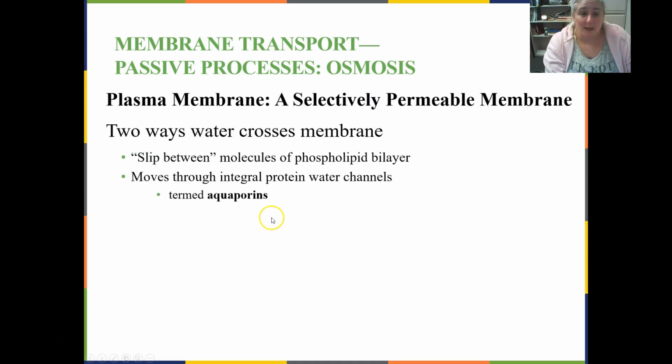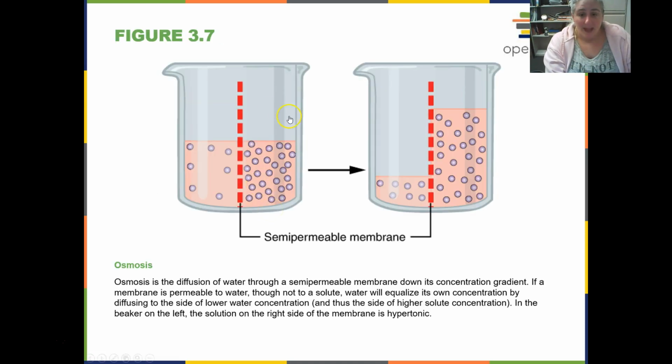When water moves, it's going to move from higher to lower concentrations. It's a diffusion process, but it's going to move from an area where we have less solute to an area where we have more solute. Here's a figure from your textbook that shows what osmosis looks like.